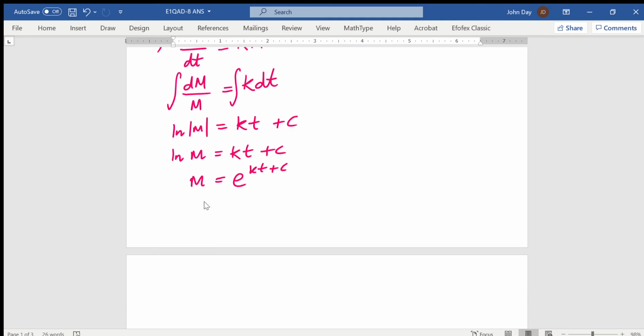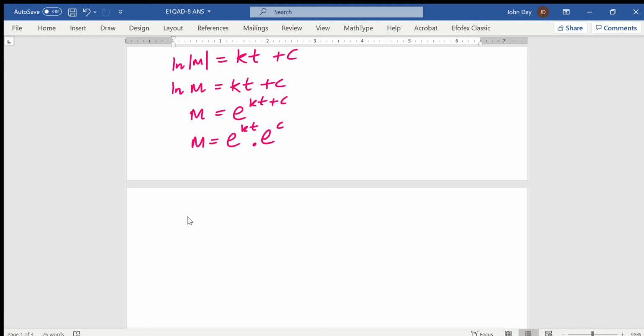Then that's M equals e to the kt times e to the c, and that means that M equals A e to the kt, where this A is equal to e to the c.